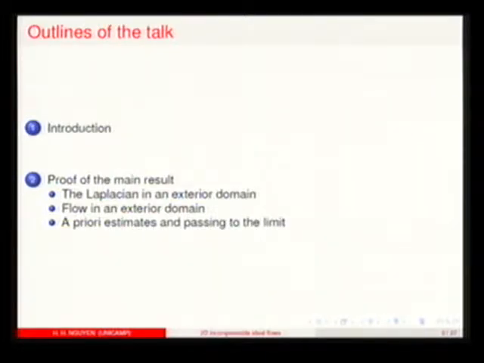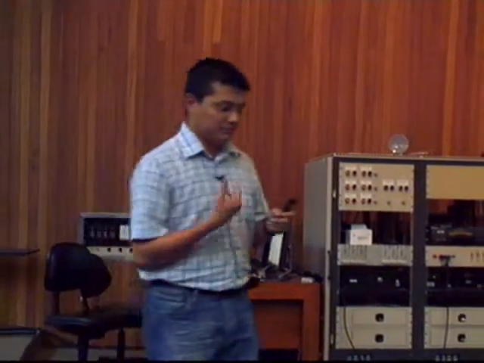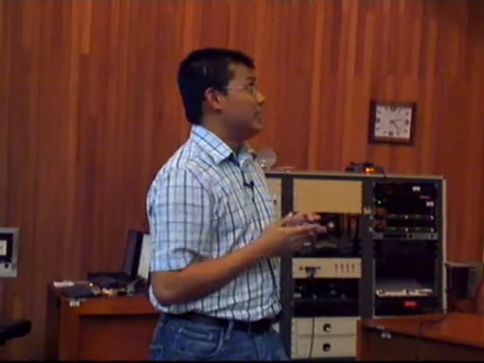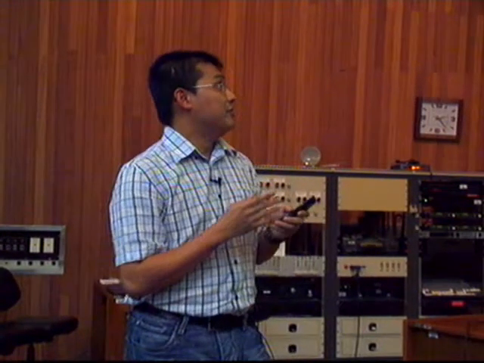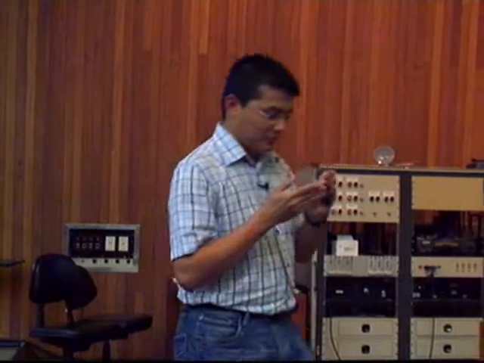The story is related to some mathematical results about ideal incompressible, time-dependent flows in 2D around a small obstacle, and we will see what happens after the obstacle becomes very small.